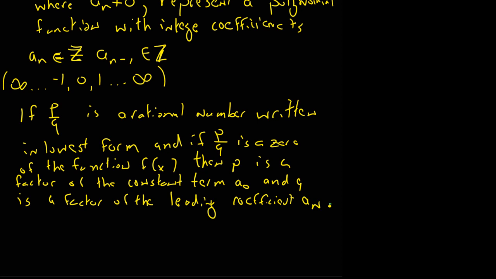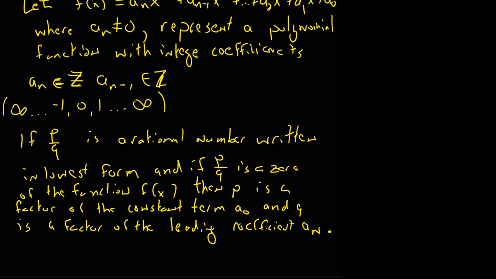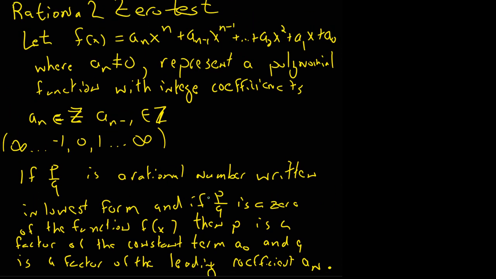And so what this says is if I have some number that is a 0 of the function, and it's an integer or a rational number, then its numerator is related to the factors of the constant, and its denominator is related to the factors of the leading coefficient.